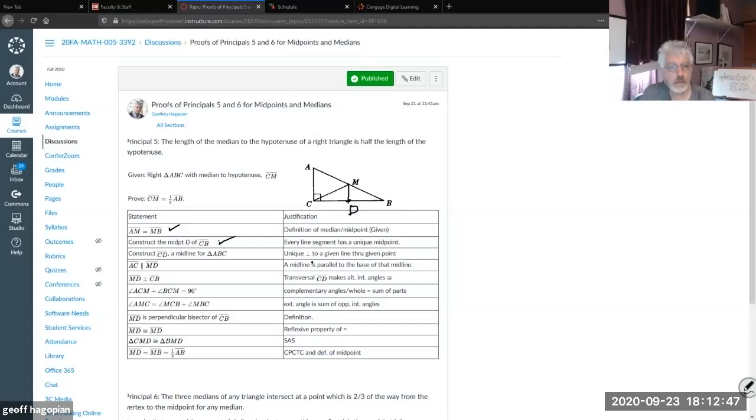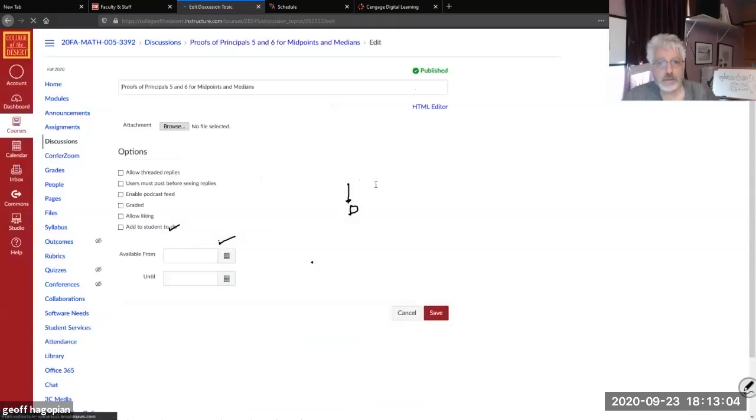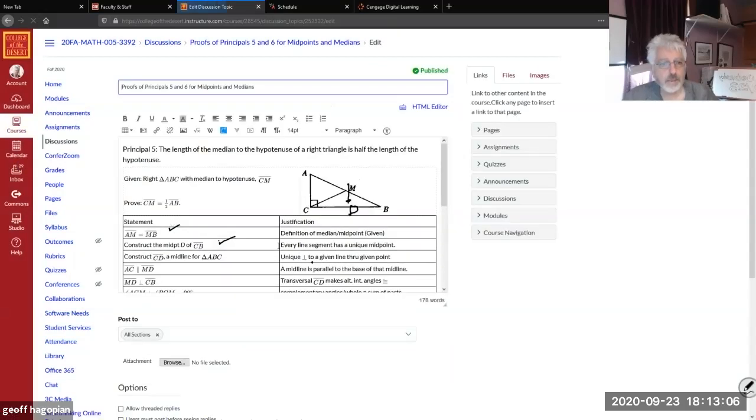So MD is the construct CD, a midline for triangle. So a midline is a line that connects the, okay, I'm gonna have to edit this, sorry, because it's not quite right the way it is. That, for instance, should be MD, right?